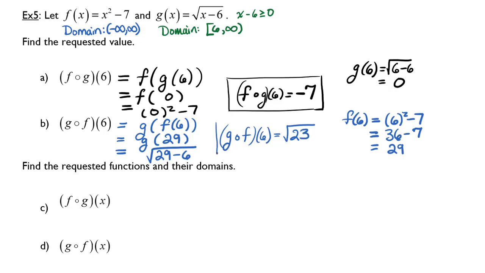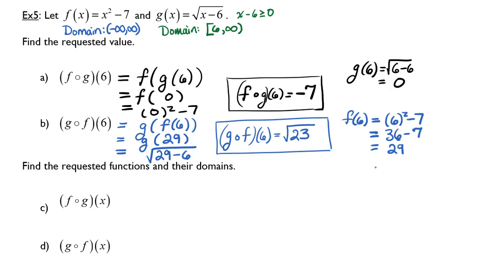23. And we can see by inspection that f of g of 6 does not equal g of f of 6. So we can make an assumption from just this one example.